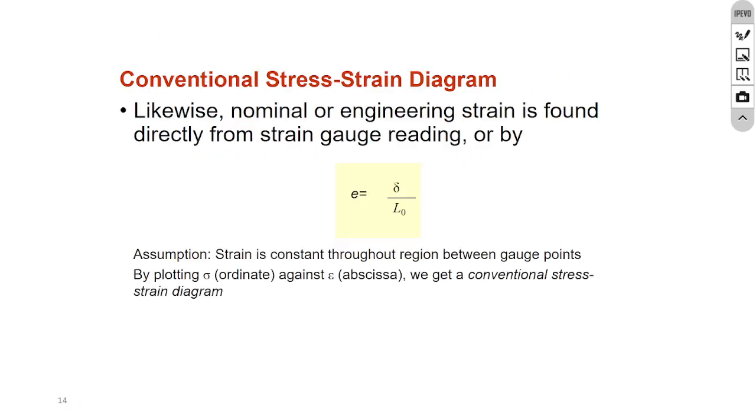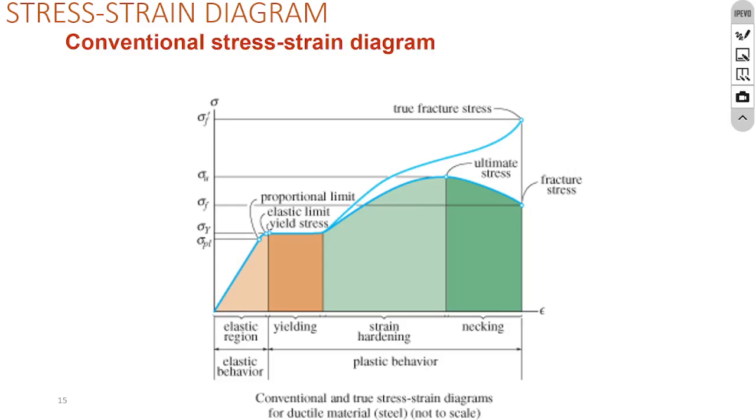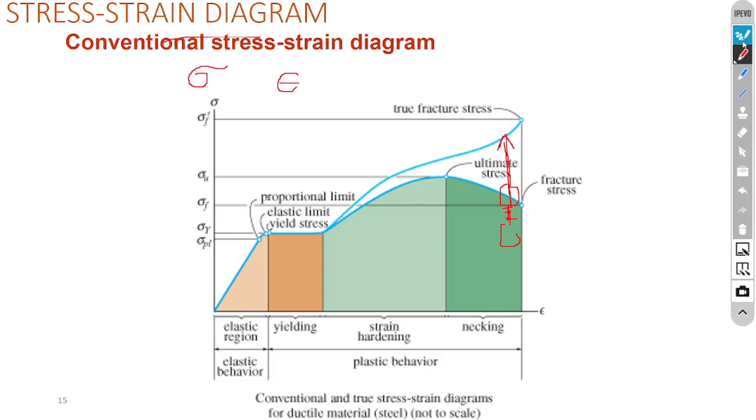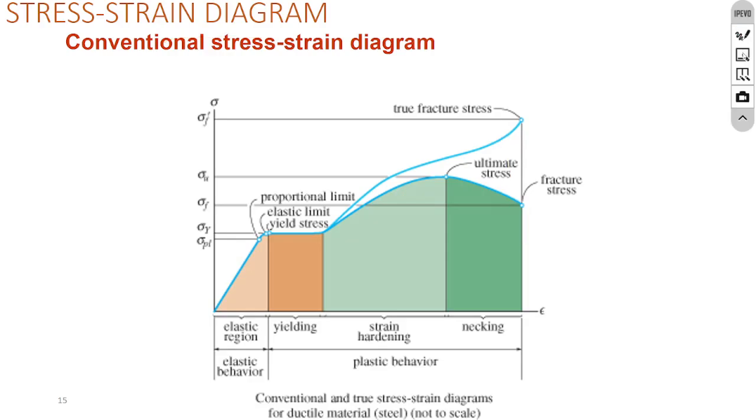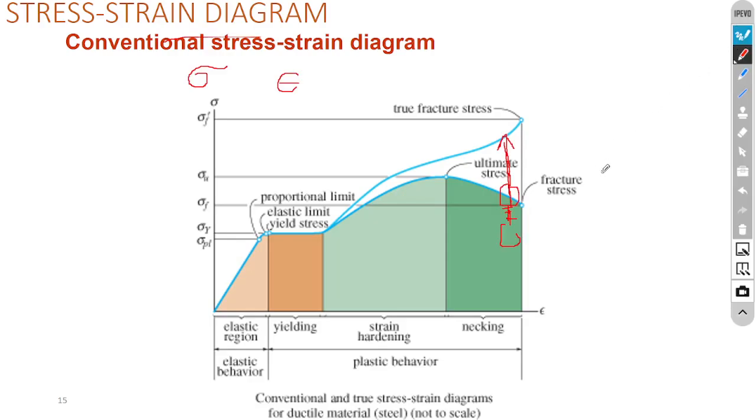When it is done, then for a ductile material, steel is a ductile material, aluminum very ductile, copper is a very well known ductile material. Ductile materials can be deformed in the considerable order.